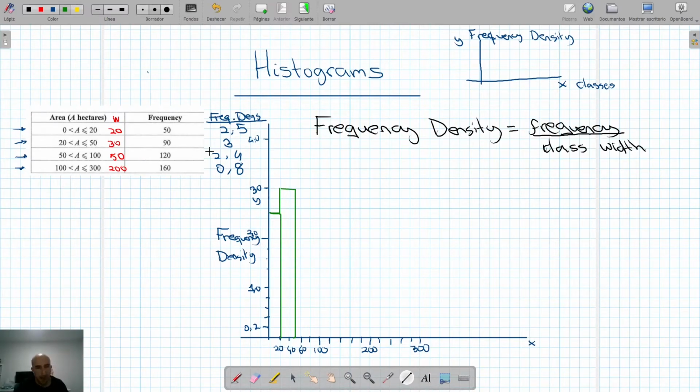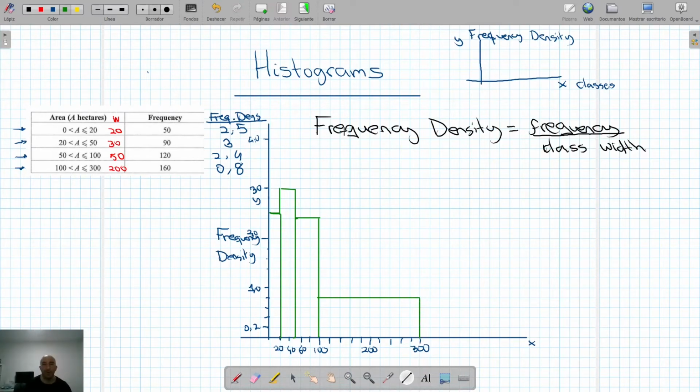Now 50 to 100, that's going to be 2.4, and that's our third class. And then from 100 to 300, that's going to be 0.8.